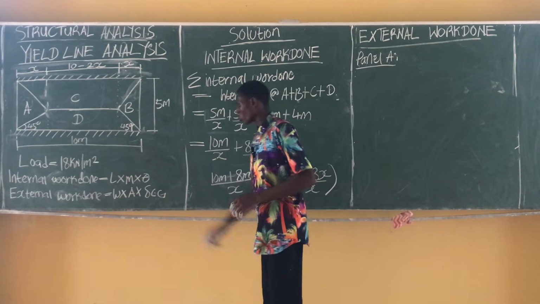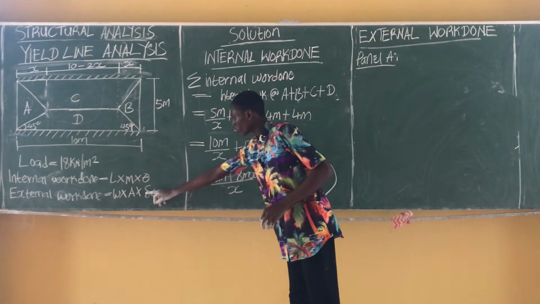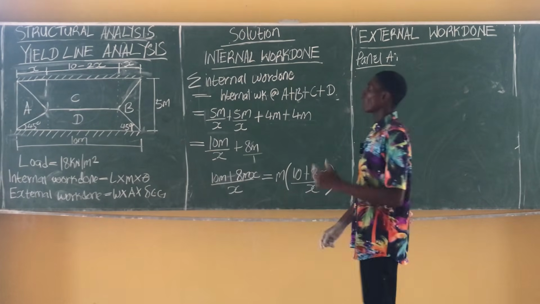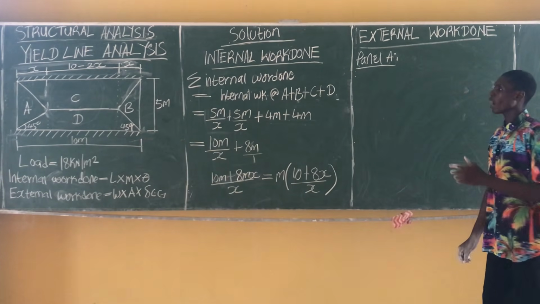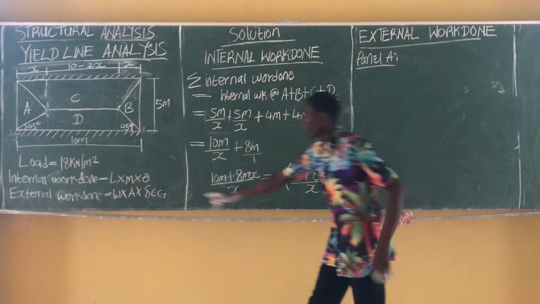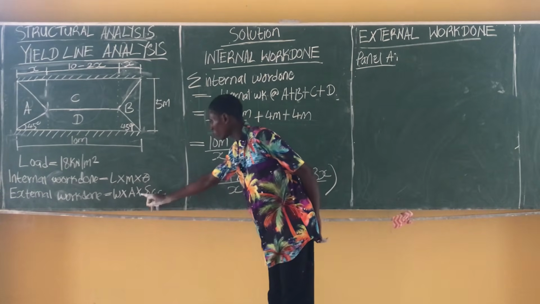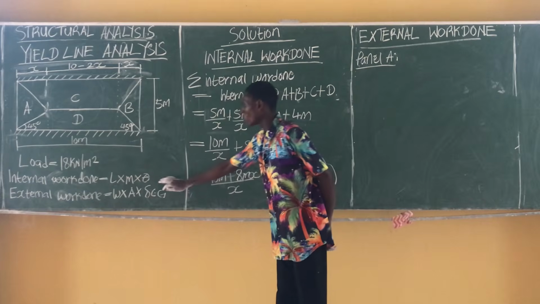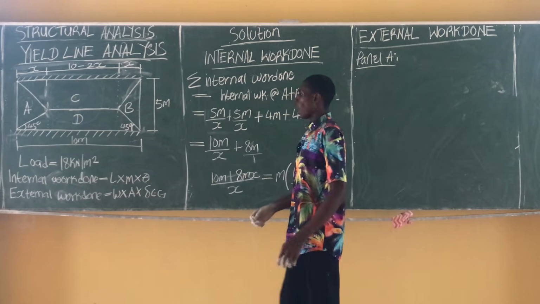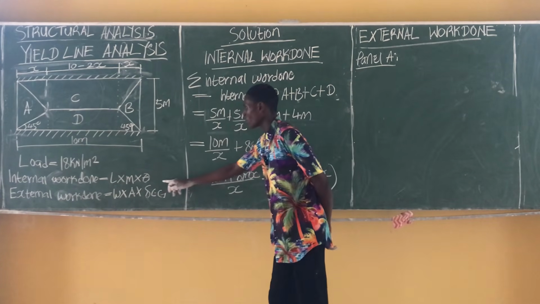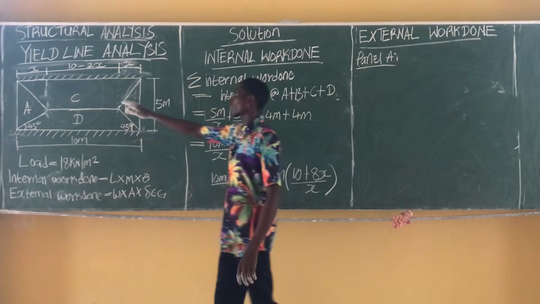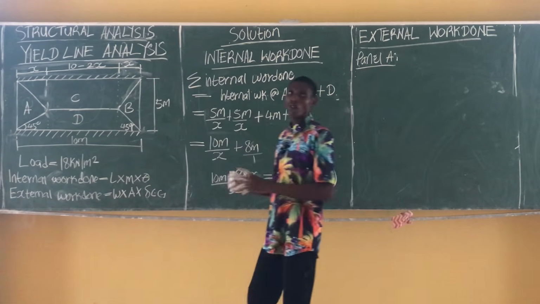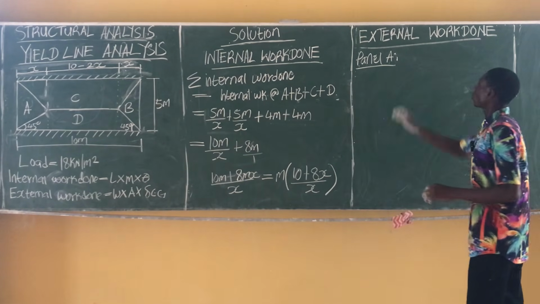Our deflection is 1. Our center of gravity for a triangular section is 1/3. So our deflection of center of gravity, whenever we are considering a triangular portion, is always 1/3. And for a rectangular section, it is 1/2.